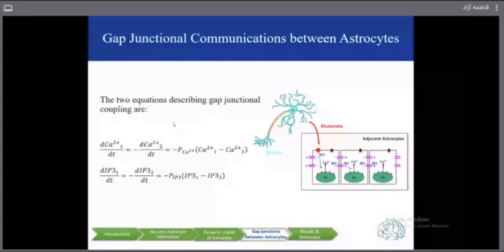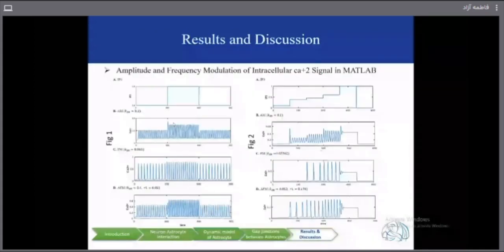In this figure, you can see the results of our simulation of our network, one neuron and one astrocyte, to show the basic modulations in our astrocyte: AM modulation, FM modulation, and both modes. The following simulations were performed using the MATLAB simulator.